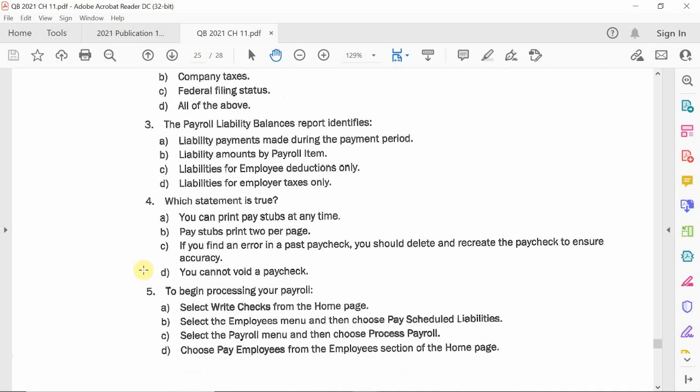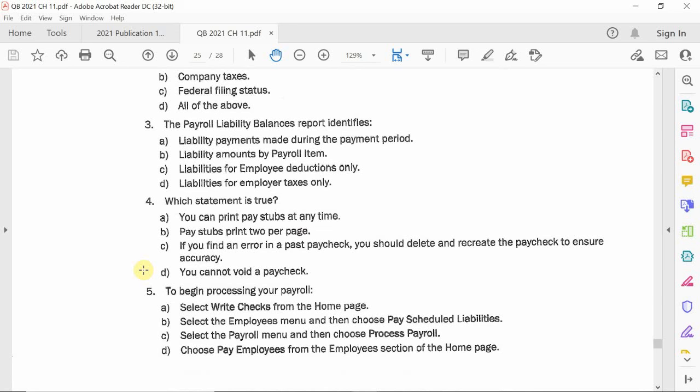Number 4, which statement is true? A. A, right? You can print pay stubs at any given time. Yes, right?